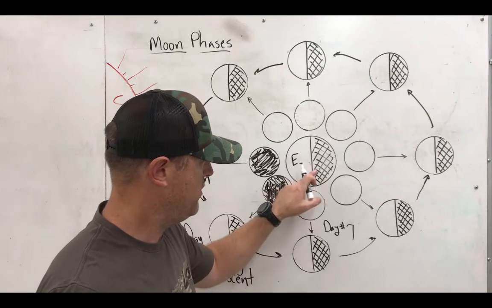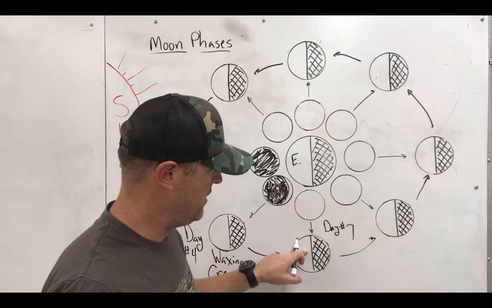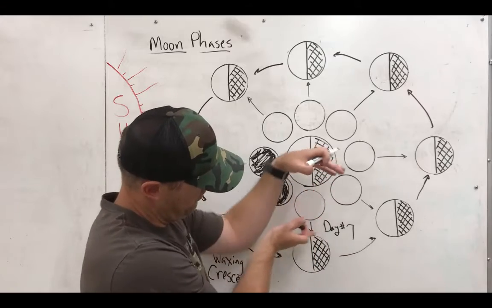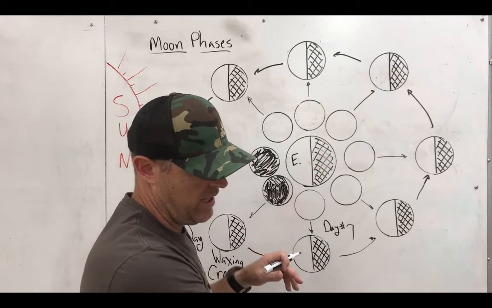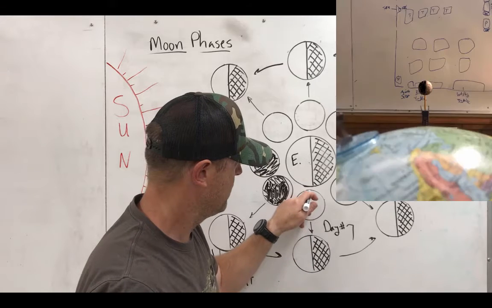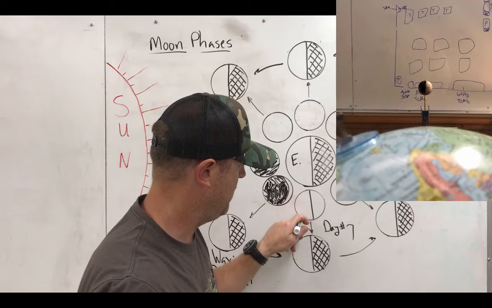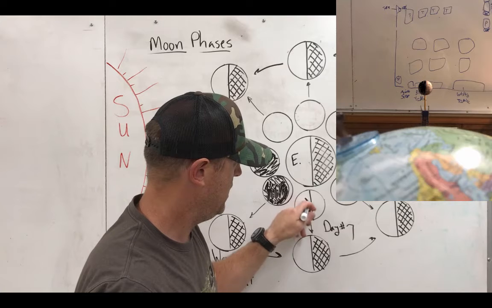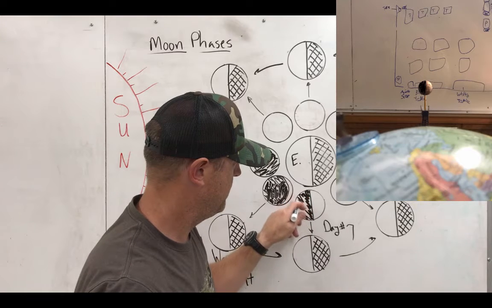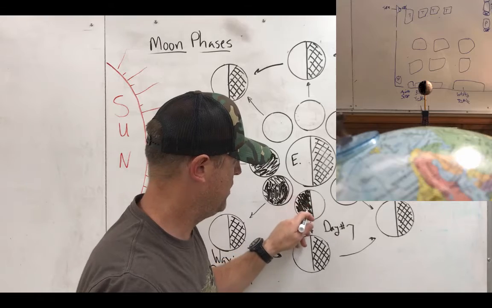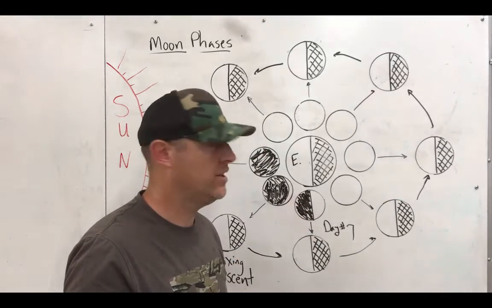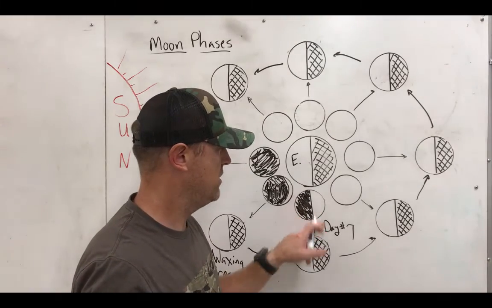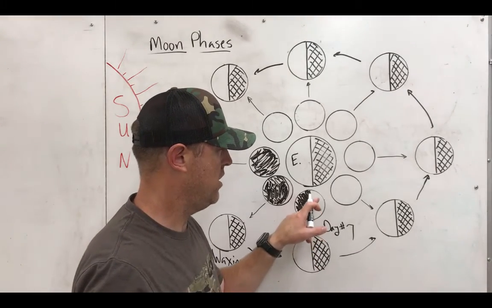If I was on Earth and looking at this, I have to think of myself turned this way and looking at it. The right-hand side is going to have light. Some people would call this a half moon, and that's technically not correct because this is only a quarter.